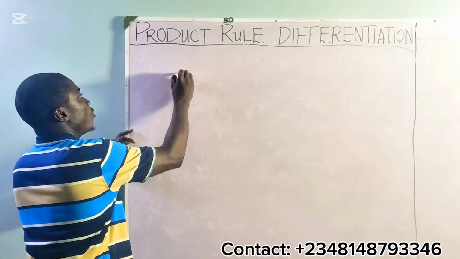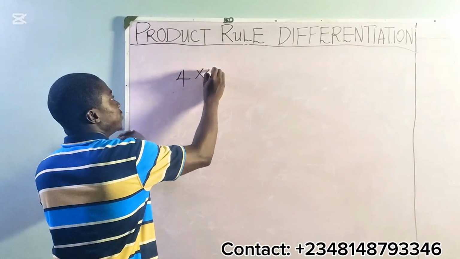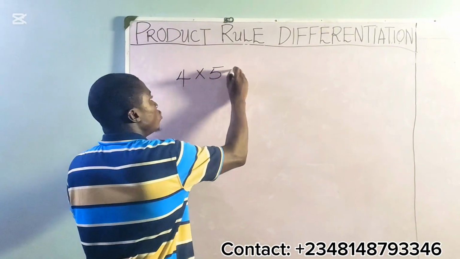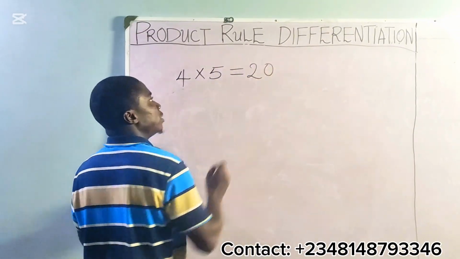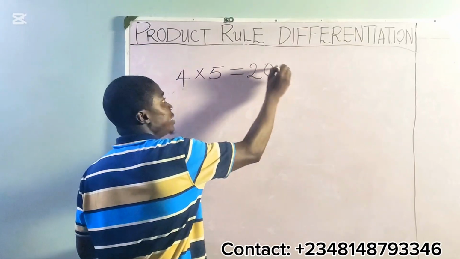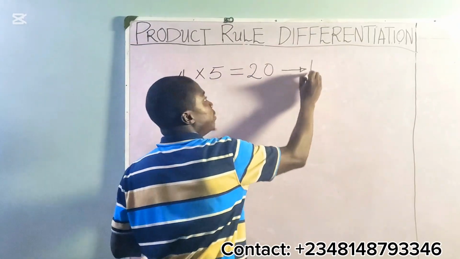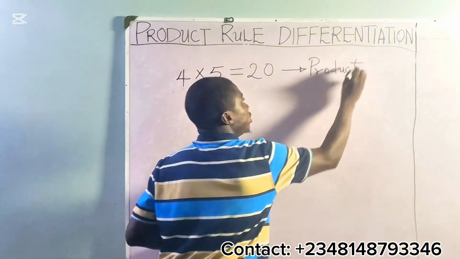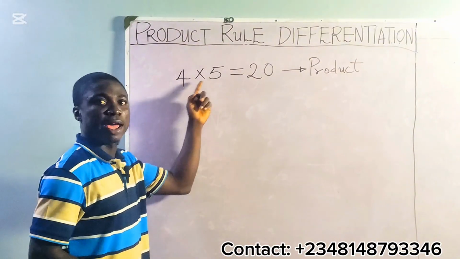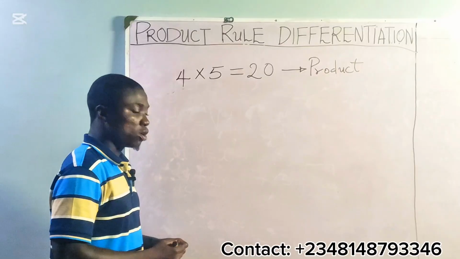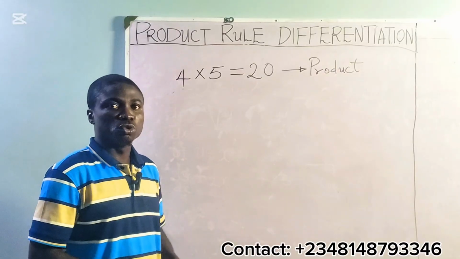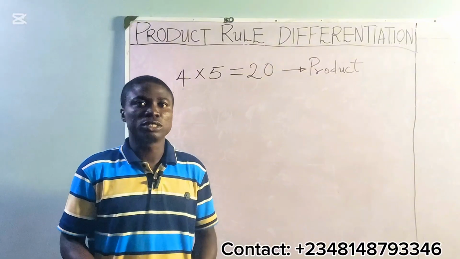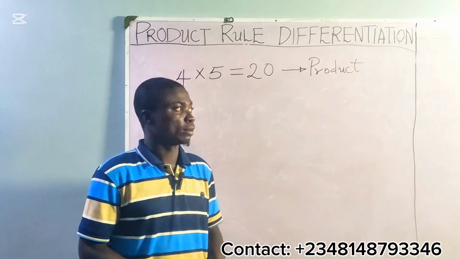If 4 is multiplied by 5, and 4 multiplied by 5 is equal to 20, then 20 is the product of 4 and 5.